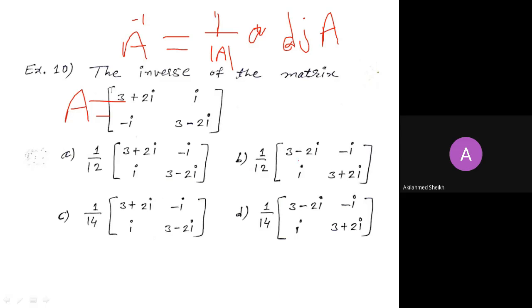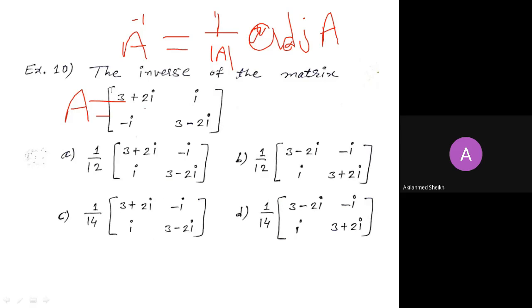Now first of all, you have to find the determinant of A. Adjoint of A we can find easily. That is just interchanging the diagonal elements and multiplying the remaining elements by minus 1.